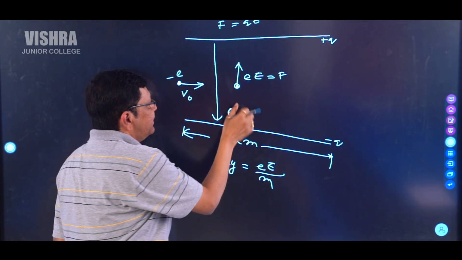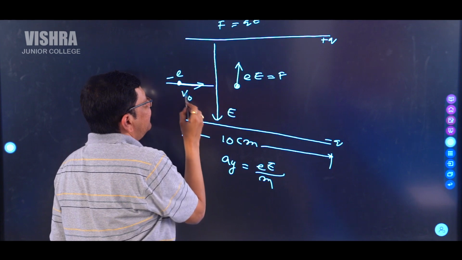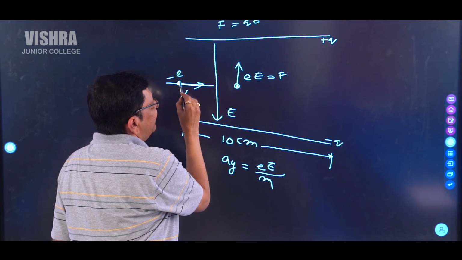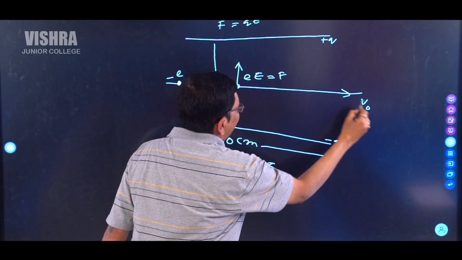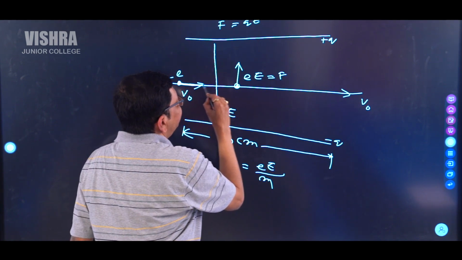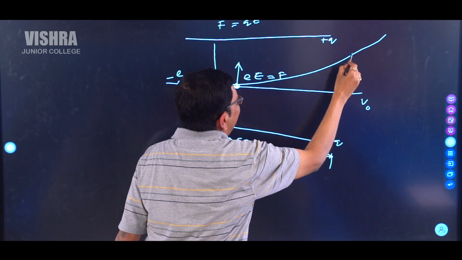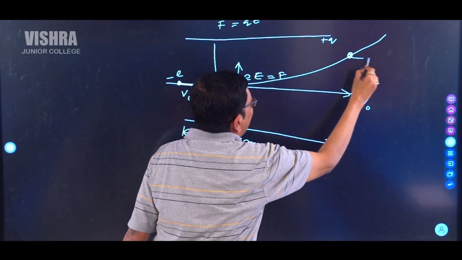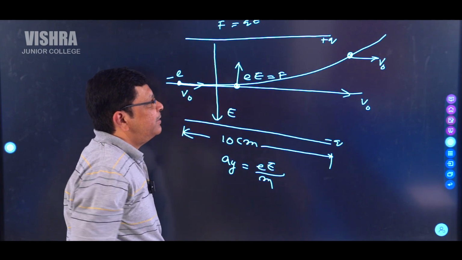Now if a force is acting on the electron upward, and a horizontal velocity is given, horizontally no force is acting on it, so it travels with constant velocity v0 and gradually it will deflect in the vertical direction. So finally when it is coming out from the electric field, the horizontal component remains the same.